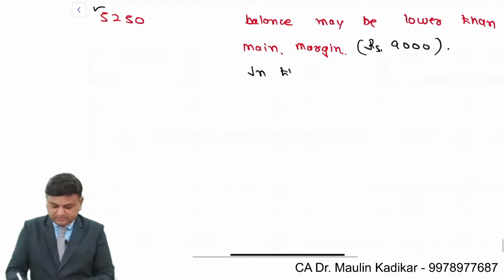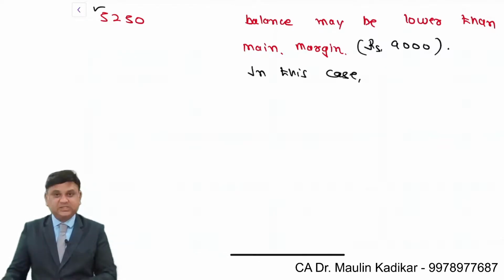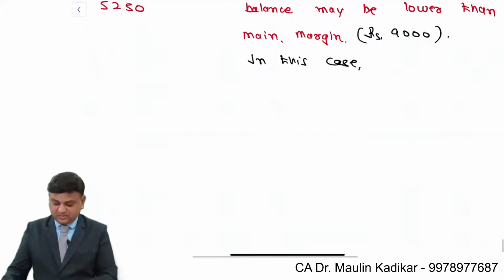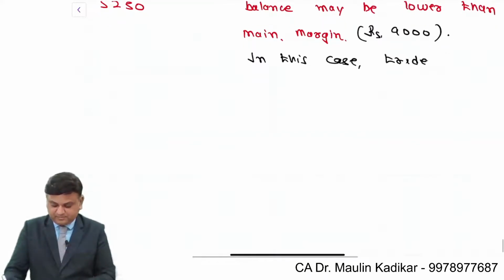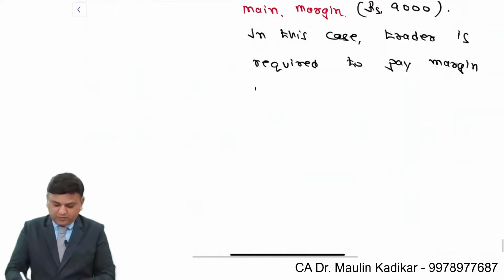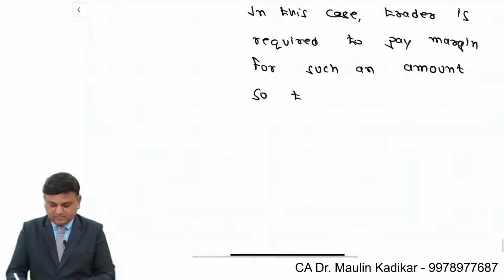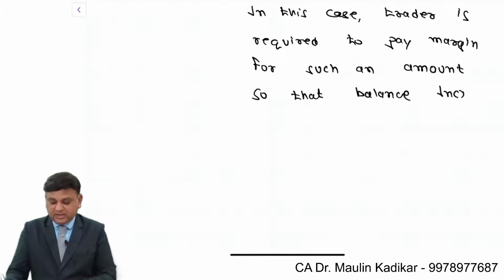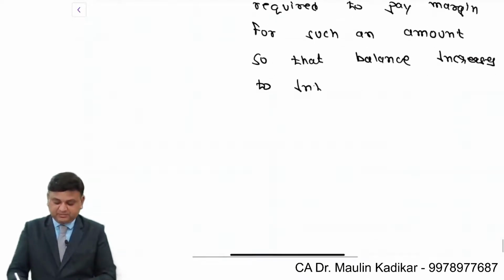In this case, that is, if at all the balance is lower than the maintenance margin, the trader is required to pay margin for such an amount so that the balance increases to initial margin.